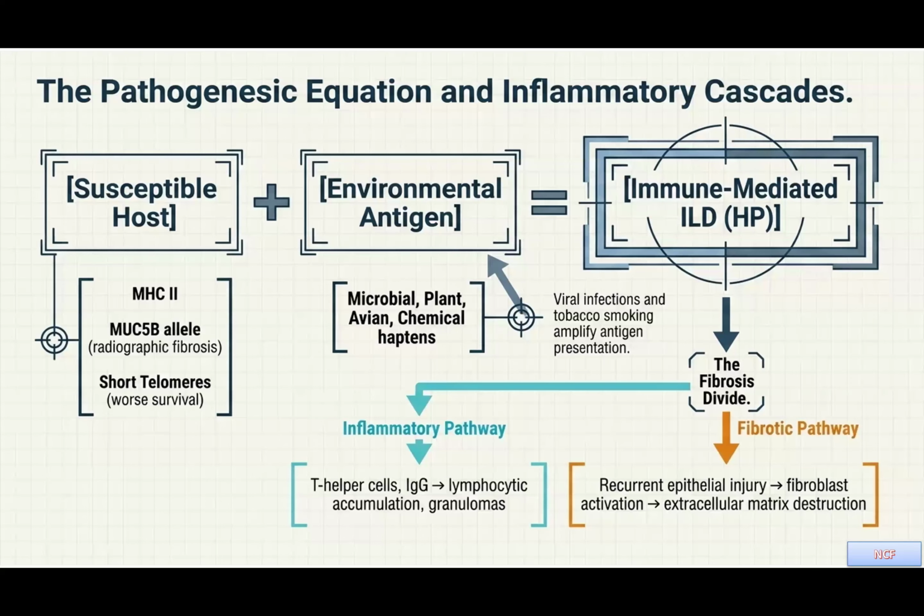So what is the pathogenic equation and the inflammatory cascade? HP is a result of a susceptible host meeting an environmental antigen. On the host side, we look for genetic markers such as the MUC5B allele, which is linked to radiographic fibrosis, or short telomeres, which correlate with worse survival.